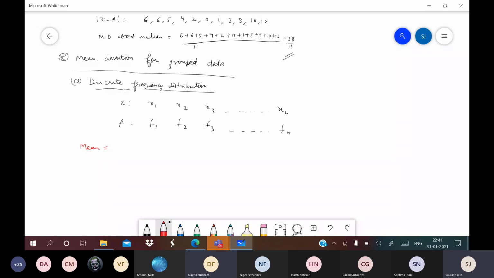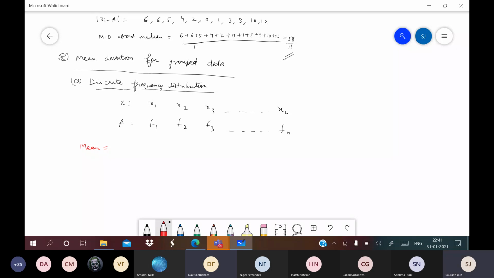So summation of fi di, where di is xi minus a. Okay, so you are finding mean by that method. But here you can find it directly, no? Why are you using that method? What is the simple formula for mean here if I give you some values of x and some values of frequency? So summation of fi xi.